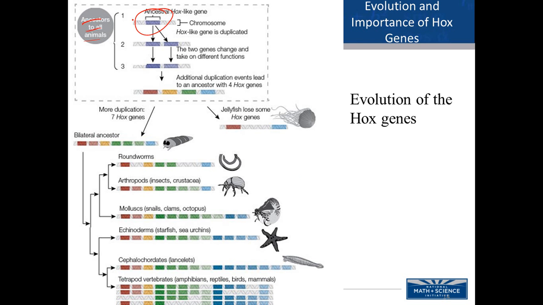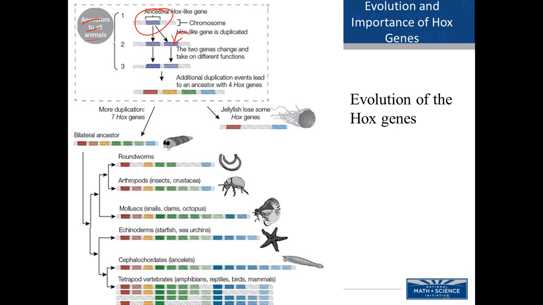Now, somehow, some way, that particular gene was duplicated. So instead of having one, there are now two. And now there are mutations in perhaps the second Hox-like gene, and it takes on a different function. So now we have two Hox genes.